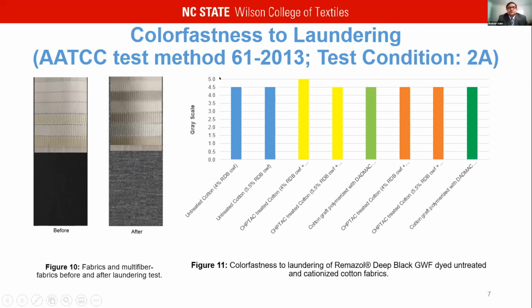The color fastness to laundering was measured according to the AATCC test method 61/2013 test condition 2A. It was observed that the color fastness to laundering of cotton graft polymerized with DADMAC was comparable to color fastness to laundering of untreated cotton and Chaptec treated cotton dyed with or without alkali.